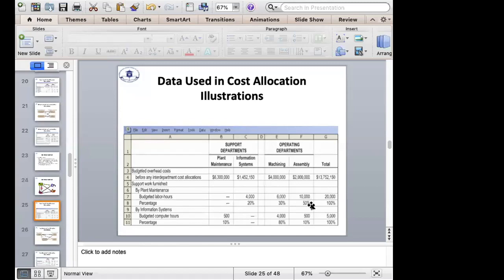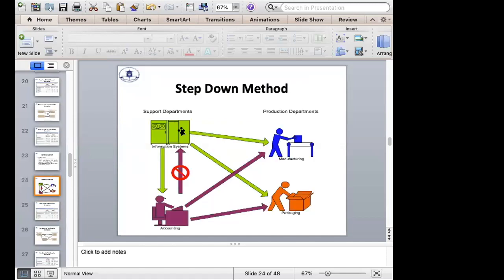So what does it mean? It means we allocate this cost here, here, and here. And this cost only here and here, not here, not here, because that is the step down method.